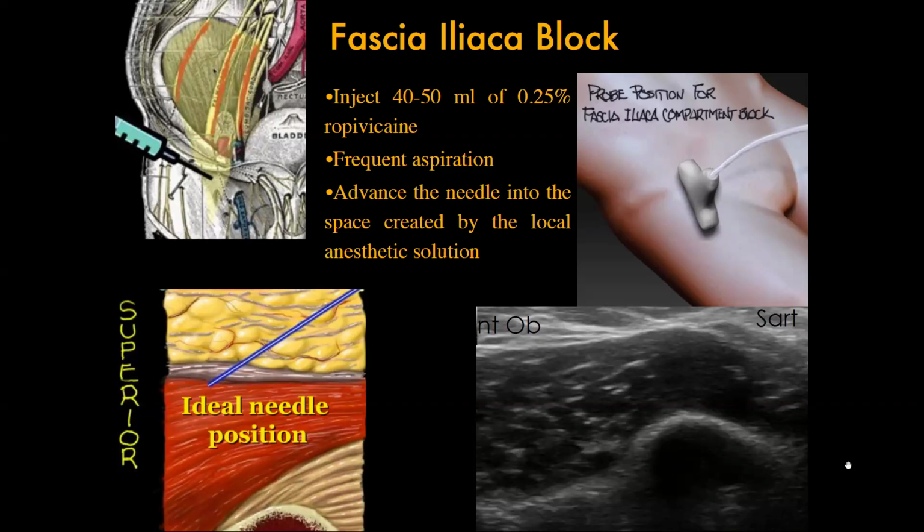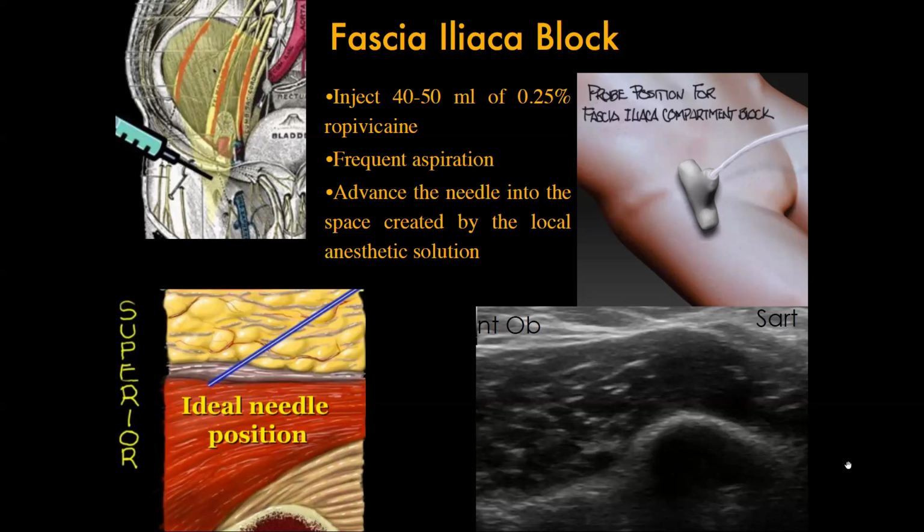So rather than just pick a random spot, find your sartorius, make it a circle, turn the probe 90 degrees, and see the sartorius and the internal oblique connect at the inguinal ligament, and you bring your needle through the sartorius in plane, and you'll feel a pop as you enter the fascia iliaca, and you'll inject your 50 mLs, and it will spread north to the lumbar plexus. That's the idea.